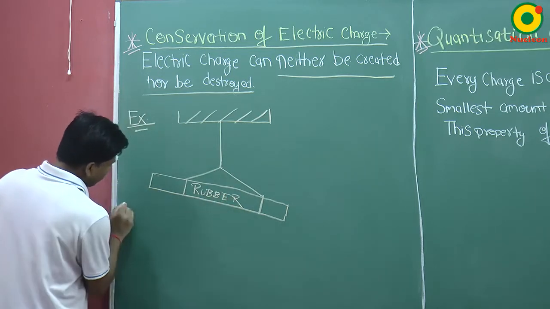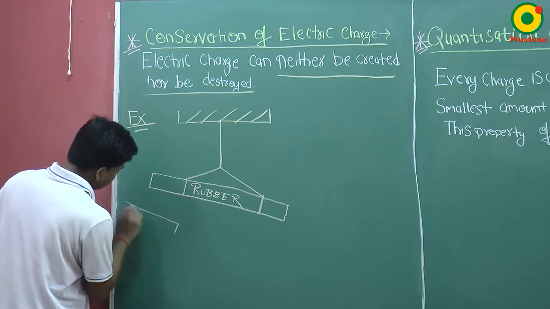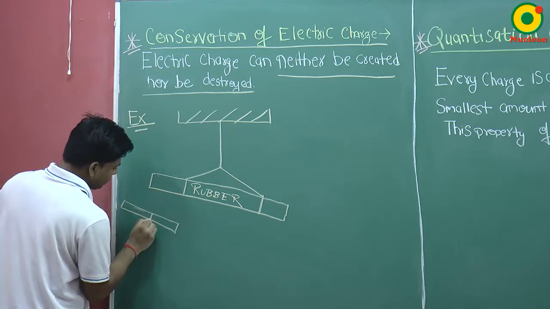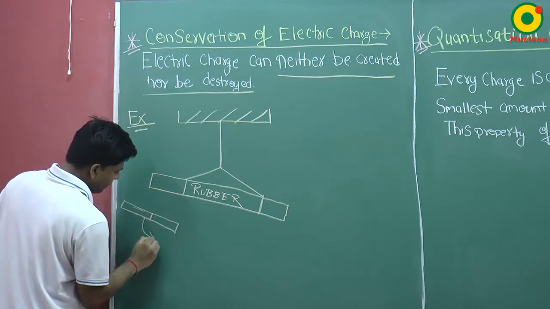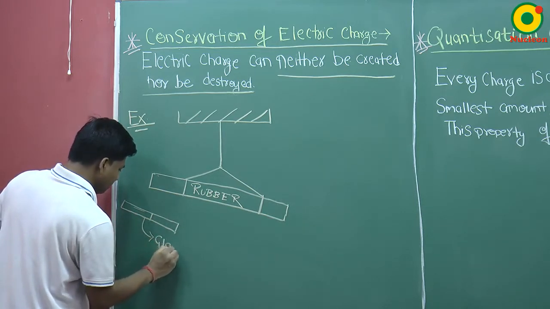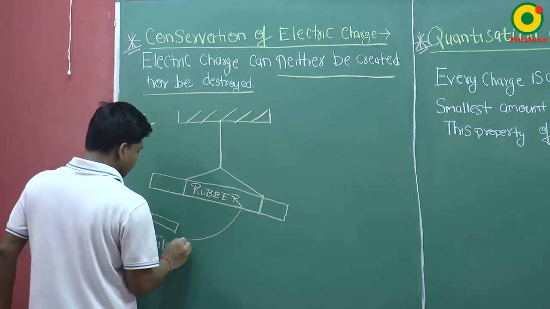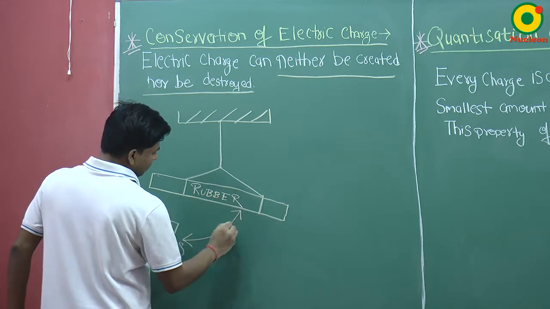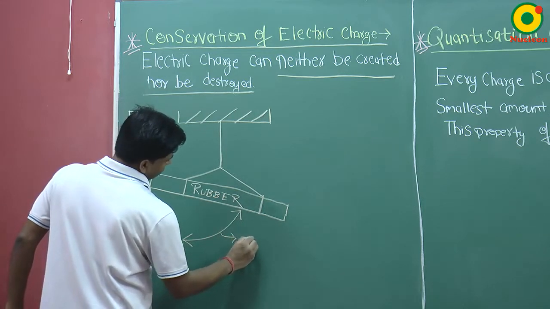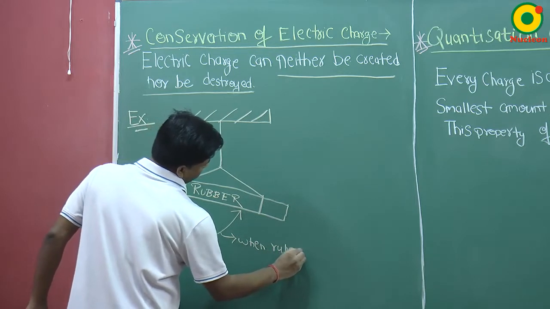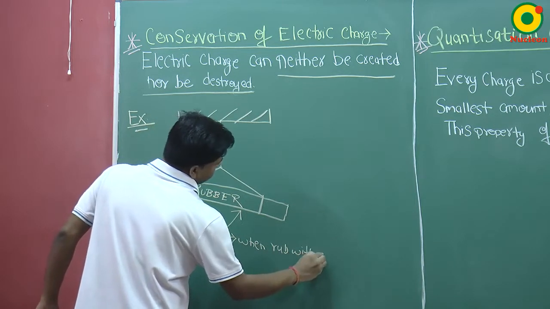And we have another body over here, another substance which is made up of glass. So what will happen when we try to rub both these substances with each other?